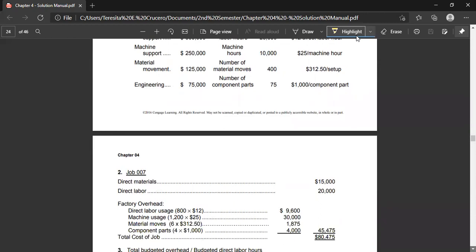For machine usage, given is 1,200 machine hours at the rate of 25 per machine hour. For material moves, we have 6 setups multiplied by 312.50 per setup. And for the component parts, we have 4 component parts multiplied by 1,000.